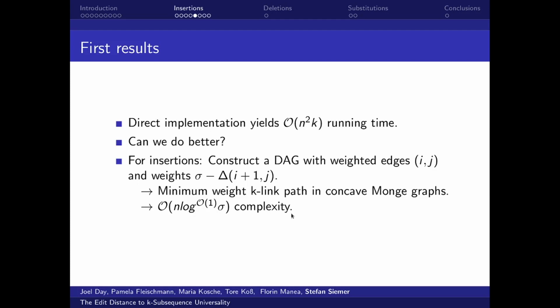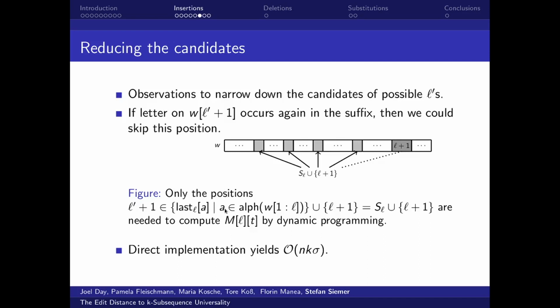For constant alphabet size, this is a good complexity, but we would really like to have a dependency on k rather than sigma. So we use the previous dynamic programming approach and want to improve it.